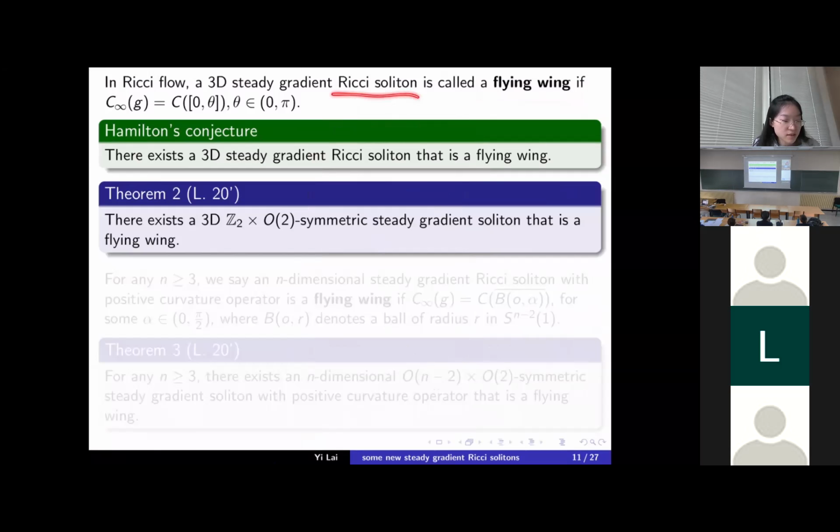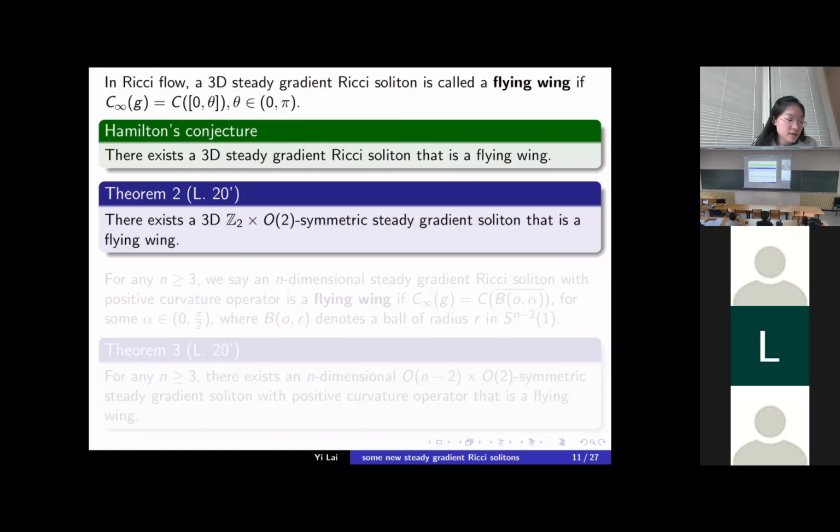By definition, it's a static gradient soliton, and of course it has positive curvature. The asymptotic cone is a sector. This sector has angle strictly between 0 and pi. So in this sense, you can view these flying wings as interpolation examples between the Bryant soliton and R times cigar, because we know that the borderline cases correspond to those examples.